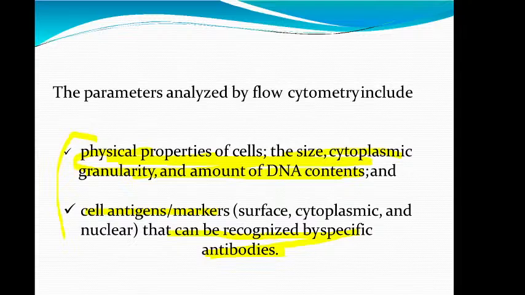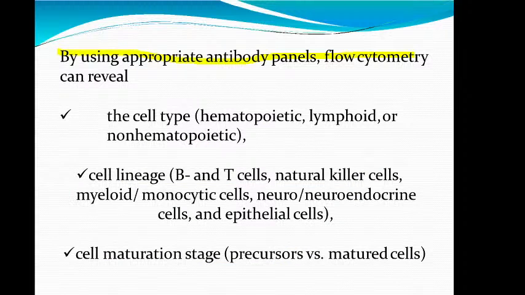These are the two points for which we are using flow cytometry: for the physical properties of the cell, as well as for identifying and recognizing particular markers. Then, by using appropriate markers, flow cytometry can reveal the cell type.